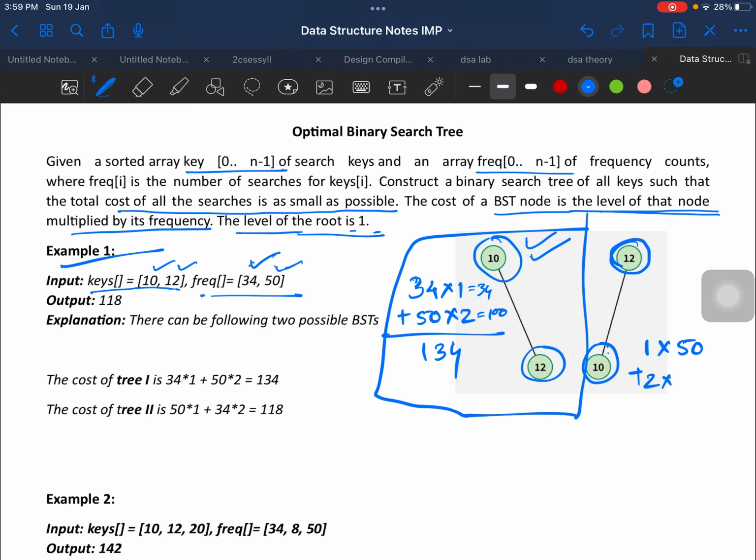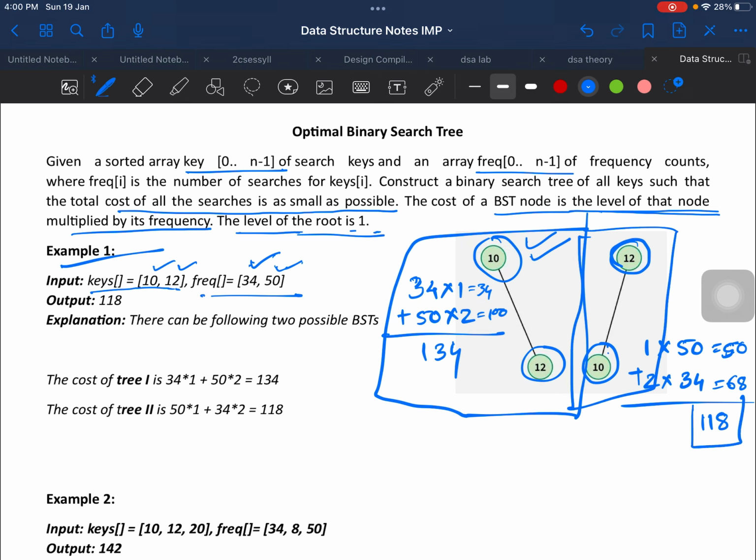So 50 into 1 that is 50, and 34 into 2. 34 into 2 is 68. Now add these two values. So you will get 118. So the cost of the second tree which we drew is 118.